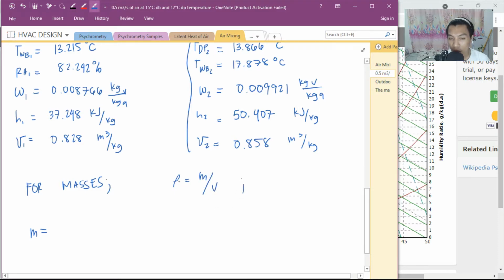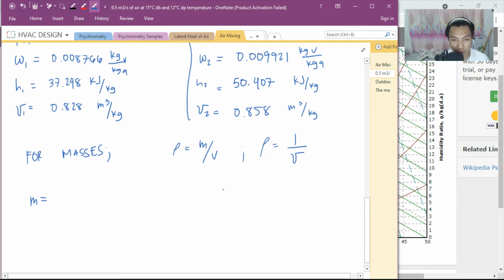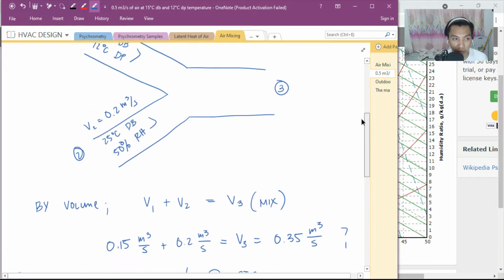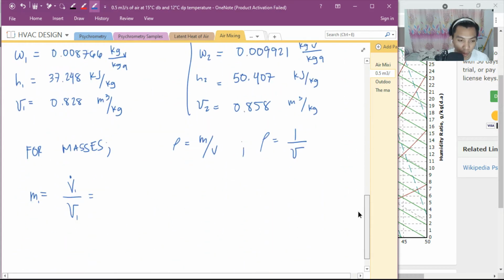Now, natatandaan nyo ba na ang density is the reciprocal of your specific volume? Gets? Now, mass will be equal to volume flow rate over specific volume. Yung mass 1 mo ngayon will be the volume flow rate over the specific volume. So, the volume flow rate at 1 is 0.5 cubic meter per second.